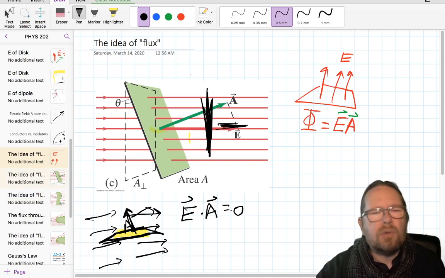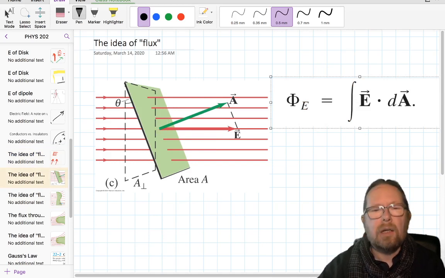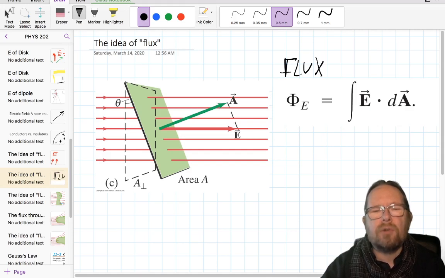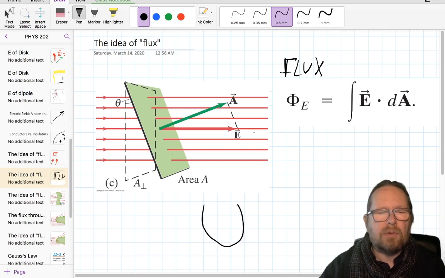That leads us to the technical definition of electric flux, which is that the flux through a surface is equal to the integral of the electric field over the area. Why integral? Because you can imagine a situation where the electric field, say we take a surface A, is not constant over that surface.